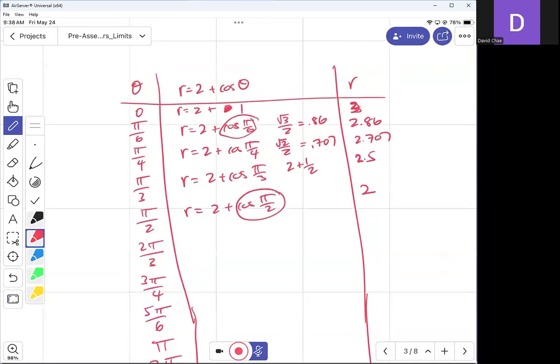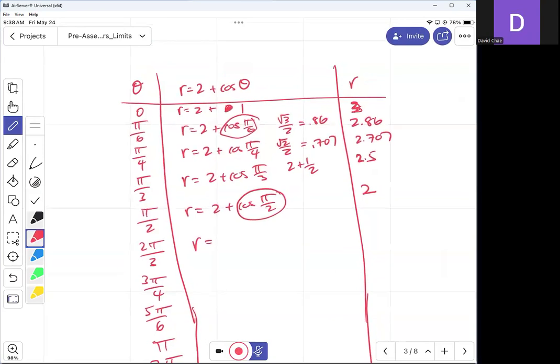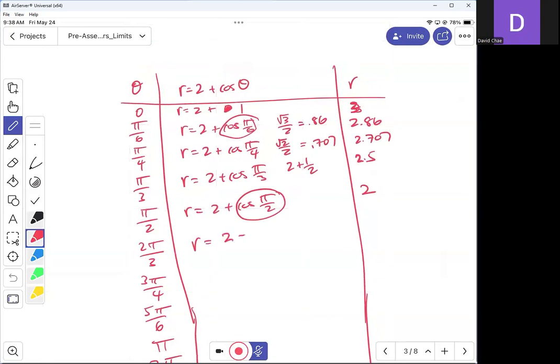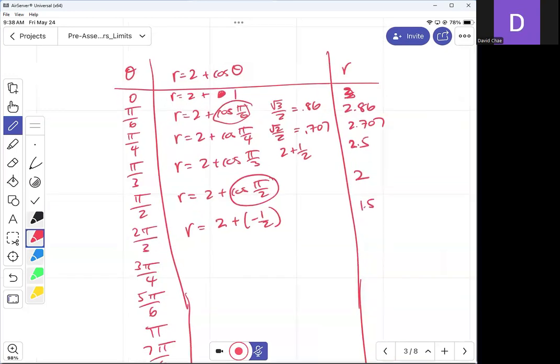Then you go back to this again. Now remember, cosine is negative on this one. So that would be 2 plus negative 1/2, right? Because the cosine is, remember, the x value, it's going to turn negative. So this would be 1.5.